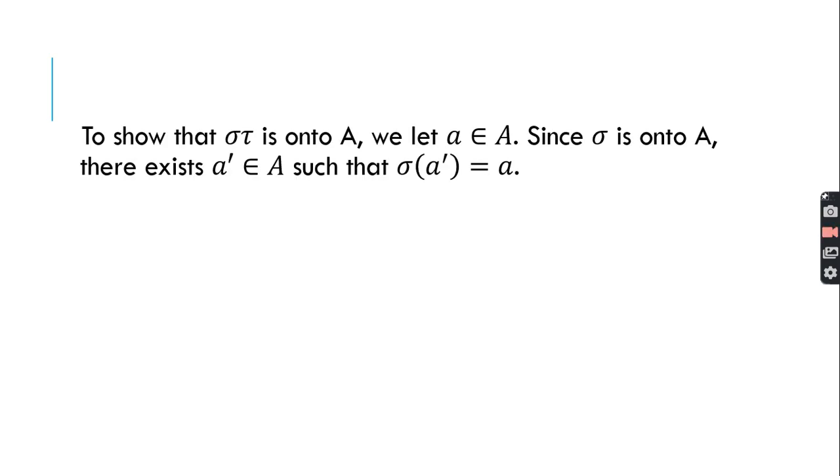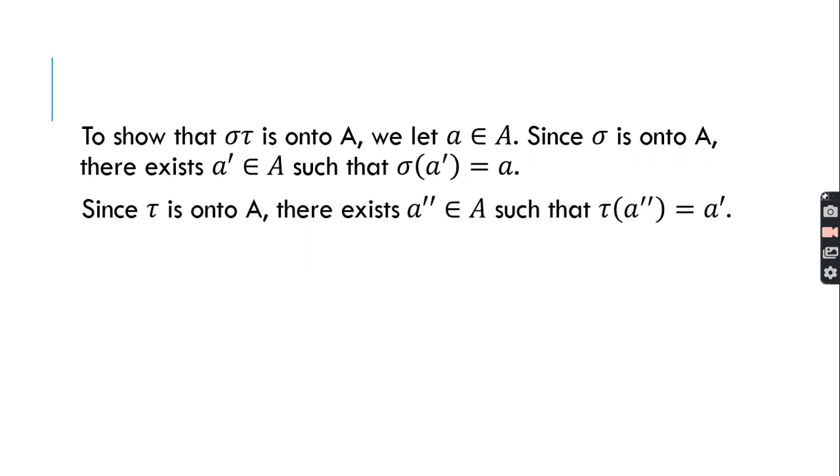To show that sigma tau is onto A, we let a be an element of the set A. Since sigma is onto A, there exists a prime, which is an element of A, such that sigma of a prime is equal to a. Since tau is onto A, there exists a double prime, which is also an element of the set A, such that tau of a double prime is equal to a prime.